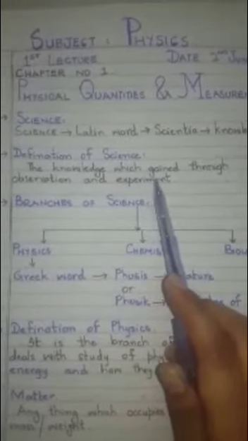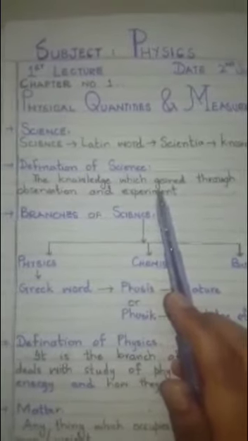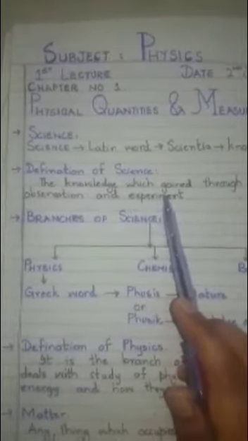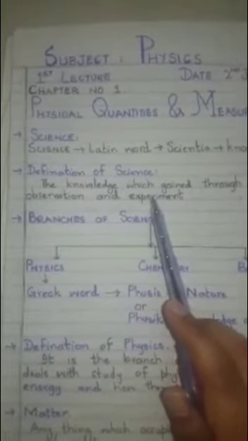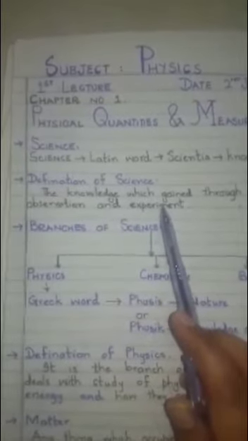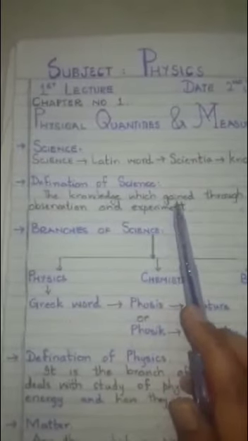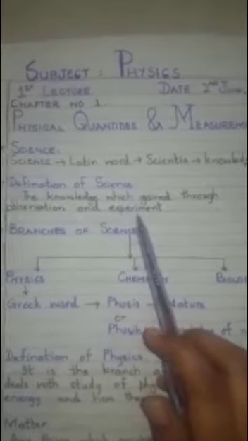Any type of information, any type of data, any type of knowledge which we obtain through different observations and different experiments is known as science.